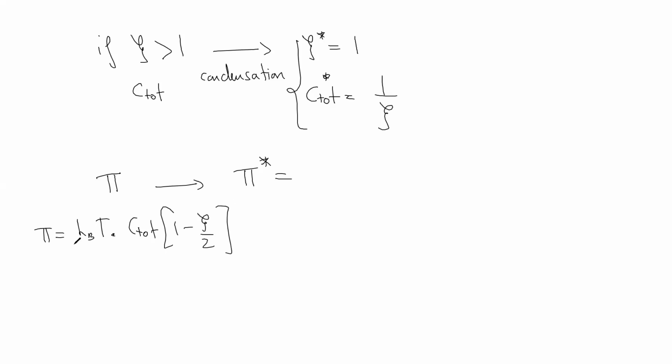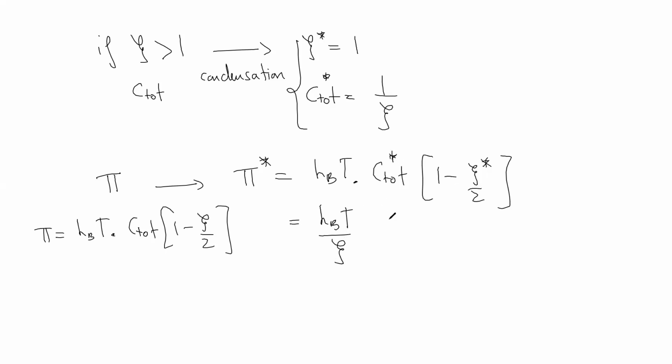That was the expression. So pi star is still kBT, C dot star, just by applying the dictionary above, 1 minus psi star. I'm just replacing all the quantities that have been renormalized. So I end up with kBT, C dot star is 1 over psi, 1 minus 1/2. Well, this is 1/2. So it is kBT over 2 psi.